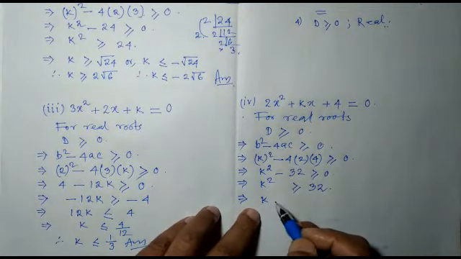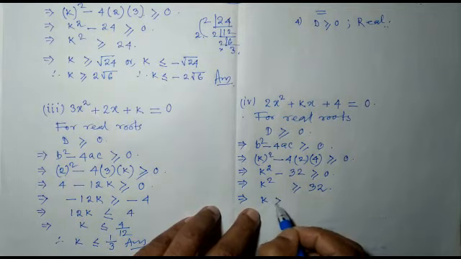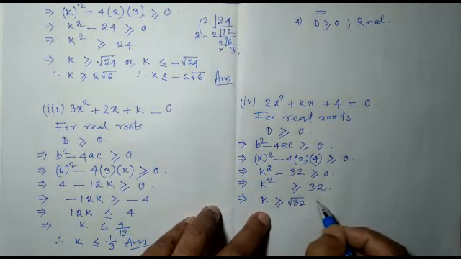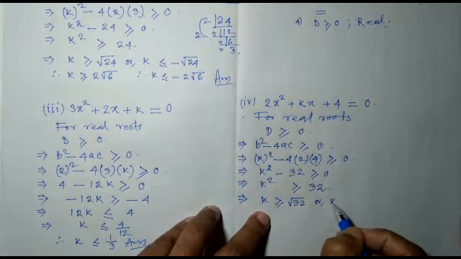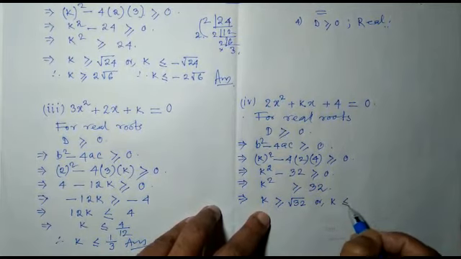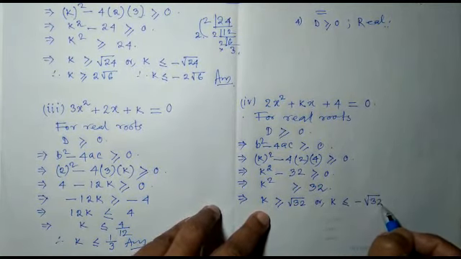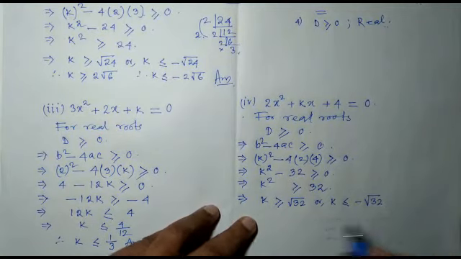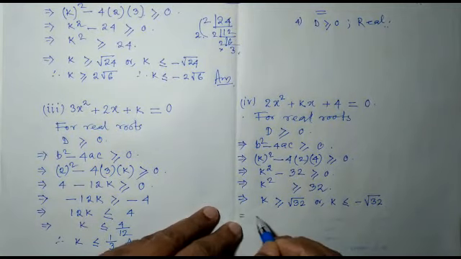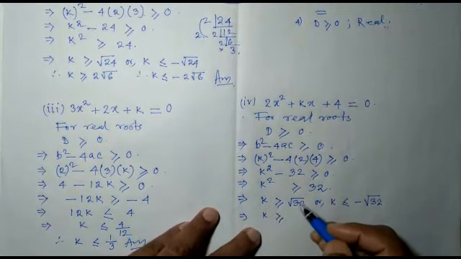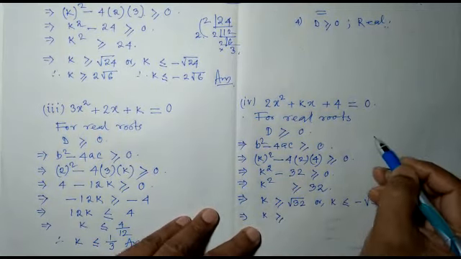So like question number 1, when we take plus square root 32, the symbol remains the same, or then k will be less than or equal to when we take minus square root 32, same as question number 1.